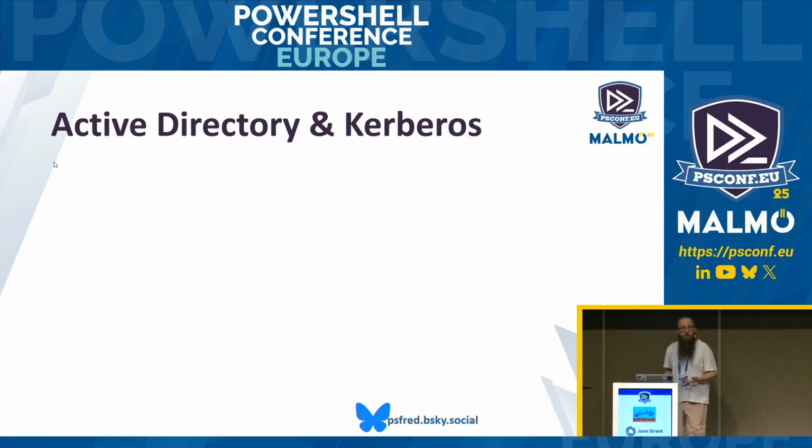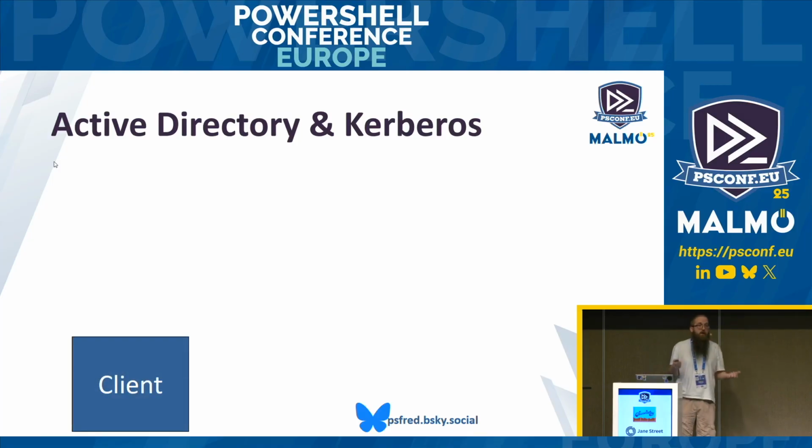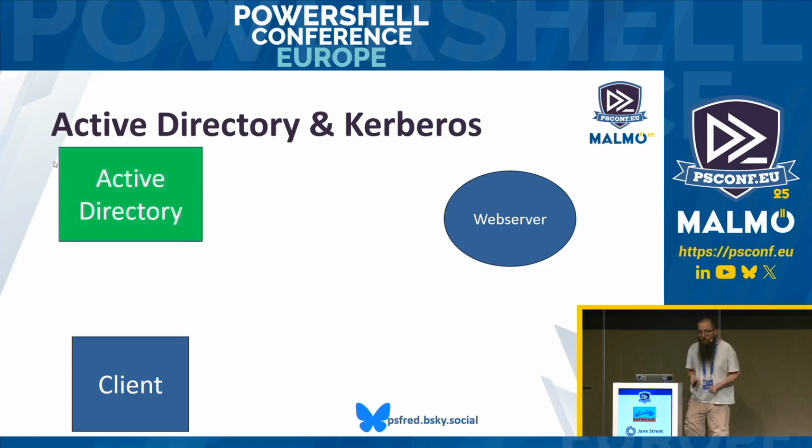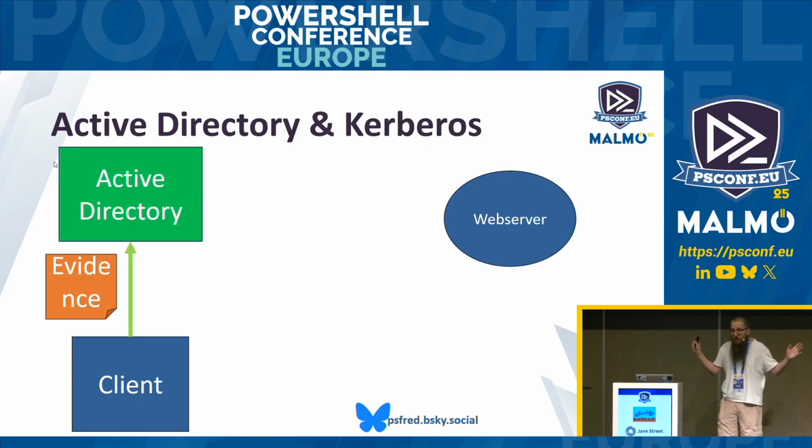So in the Microsoft world, we moved on to Active Directory and Kerberos authentication. In a highly simplified way, we now have a client computer who wants to talk with a web server. So they talk not with the web server, but with the domain controller. Hey, I really am Fred. I'm promising you I am. Password hash, certificate stuff. There are different options for how we can provide the evidence to Active Directory.